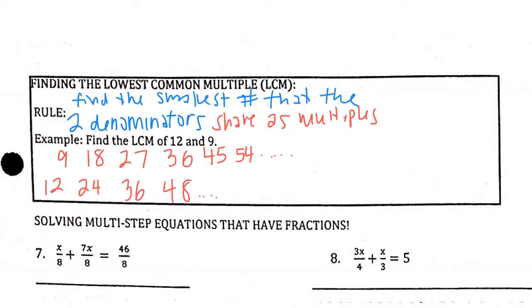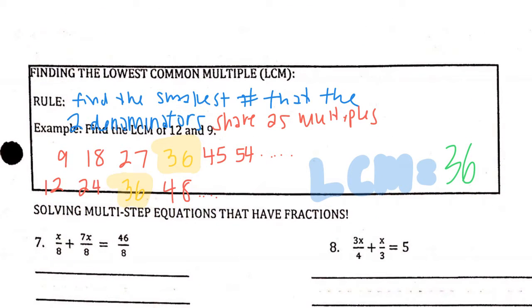So we look for the ones that they share, and the smallest number that they both share is 36. So the least common multiple for this case is 36. So that will come in handy when we are solving multi-step equations that have fractions.